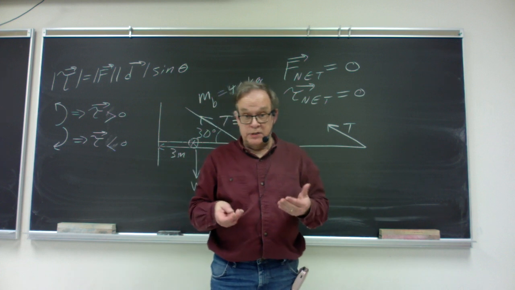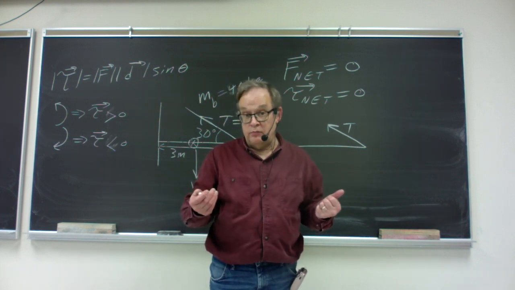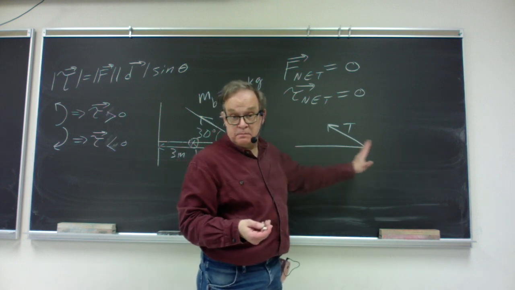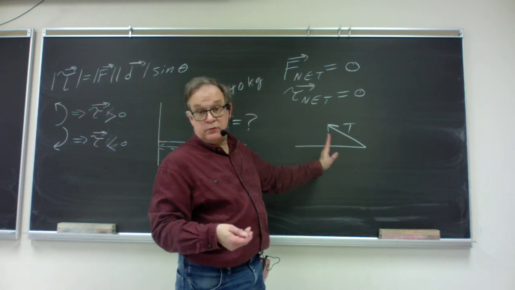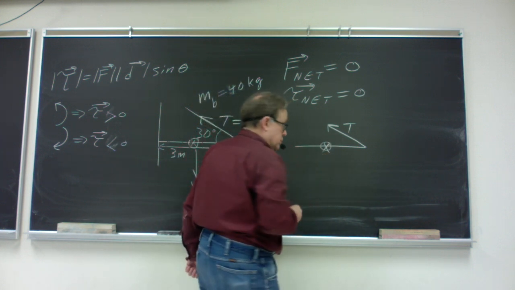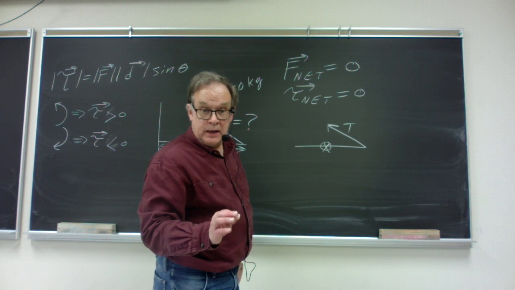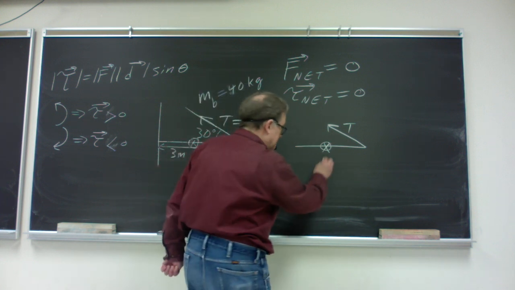You can think of the center of gravity as sort of the average location of mass. And if there's mass evenly spread out, then the average location will just be right in the middle. So the center of gravity is right there, and that's where the weight force pulls on the beam.